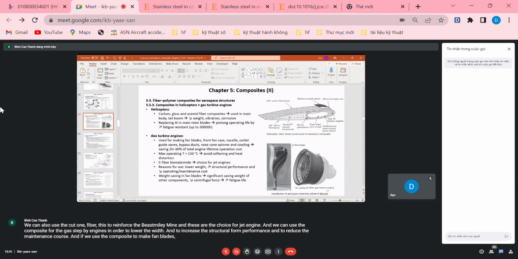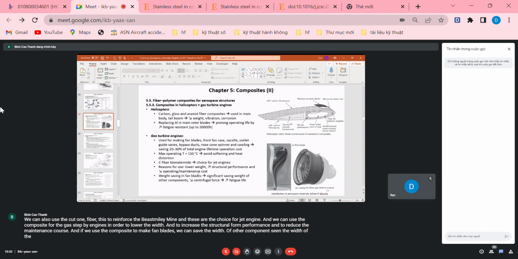If we use composite to make fan blades, we can save the weight of other components, since the blade weight is reduced, and therefore the centrifugal force is reduced, so the structures which hold the blades will be smaller or just need to withstand a lower force.